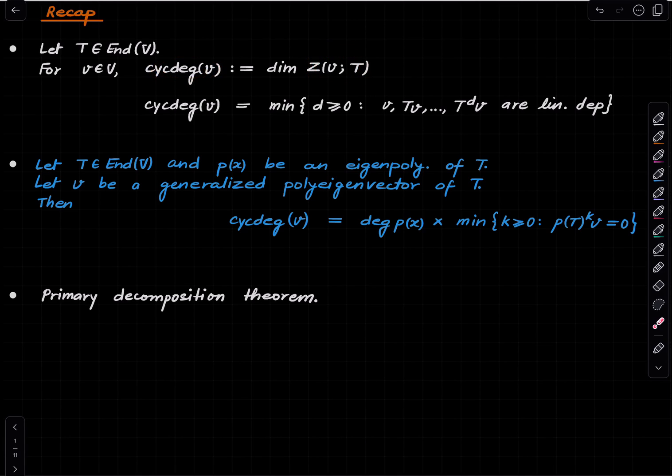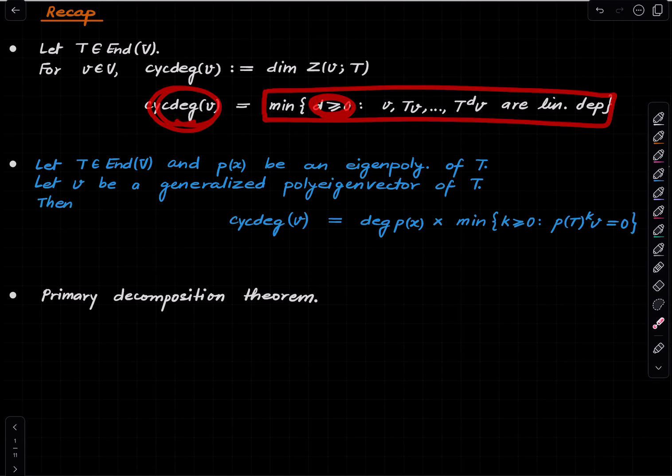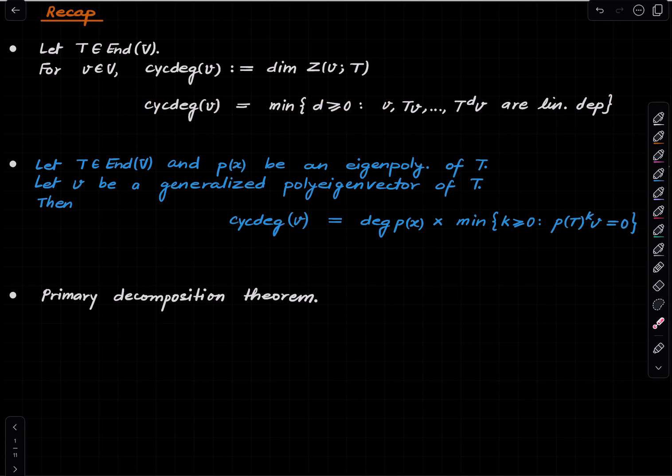And we noted that the cyclic degree of V is nothing but the smallest non-negative d for which these are linearly dependent. Well, this makes sense, I guess, only when V is non-zero. If V is 0, then the cyclic degree of V is 0. So let's not worry about that.